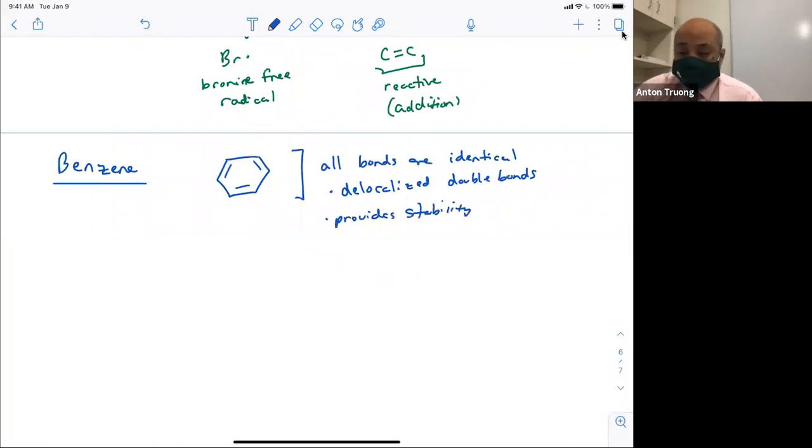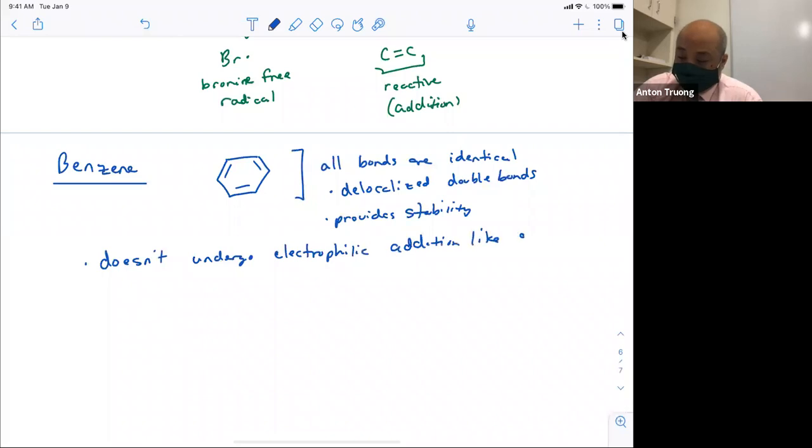And so this is why it doesn't undergo electrophilic addition like alkenes, because benzene is so stable. If you were to disrupt the double bond delocalization by removing one of those double bonds, it would upset the structure too significantly.